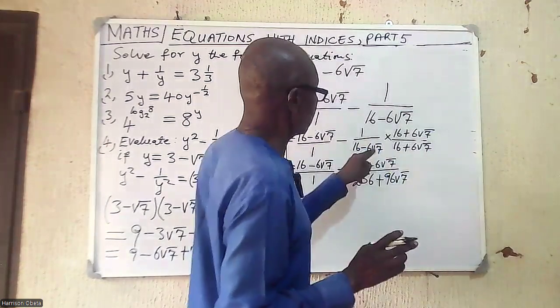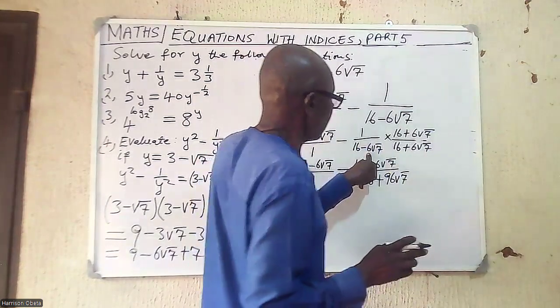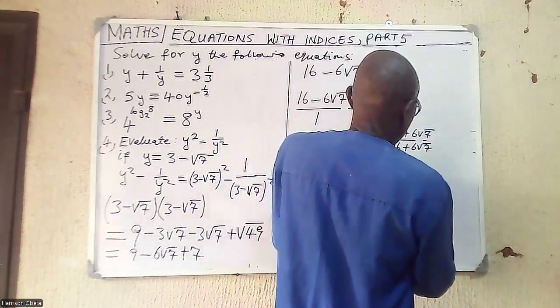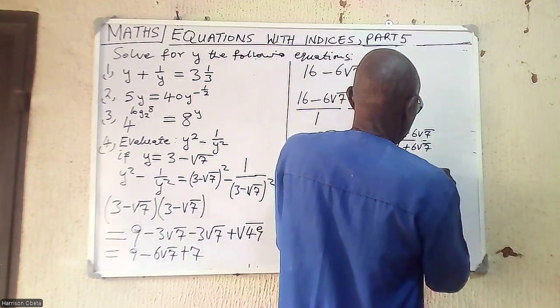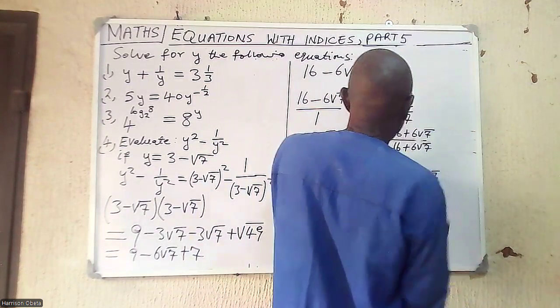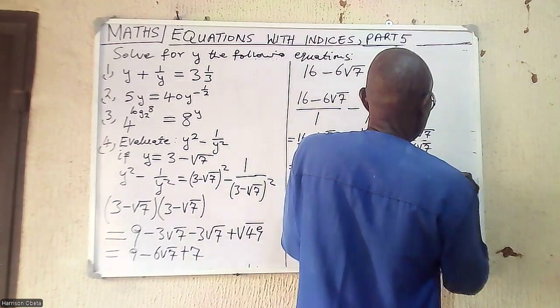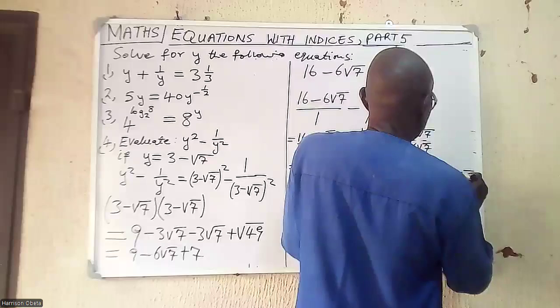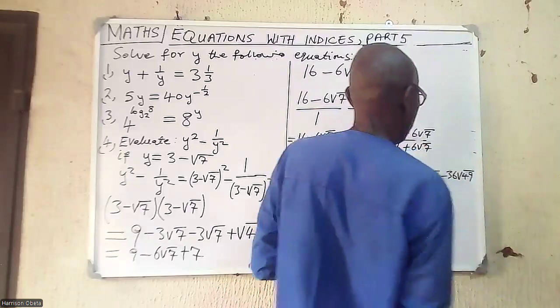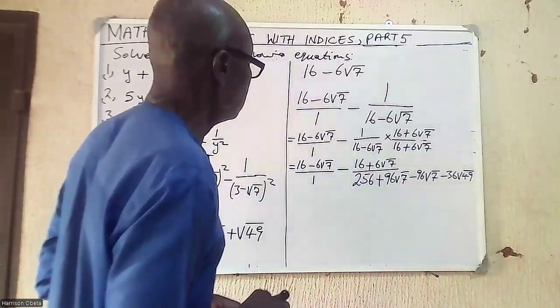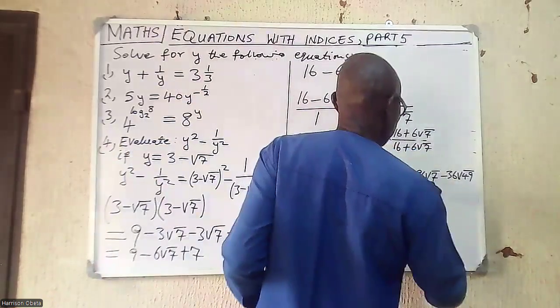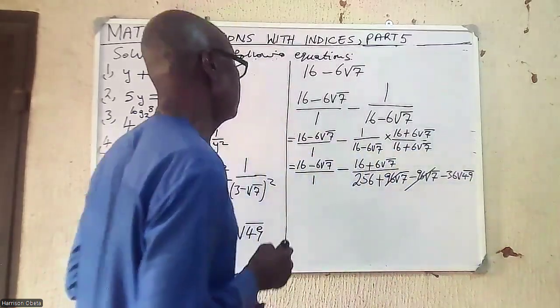We are through with that. We are coming over here: minus 6 root 7 times 16 minus 96 root 7. This and this, minus 36 root 49. In continuation, this will disappear since they are the same.